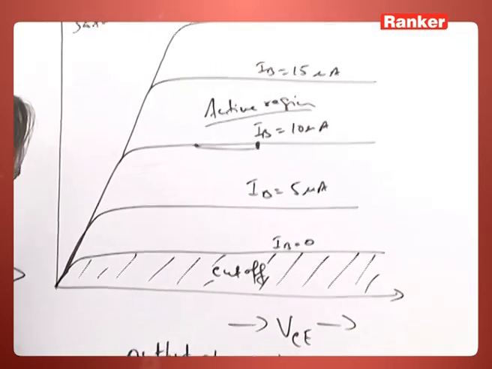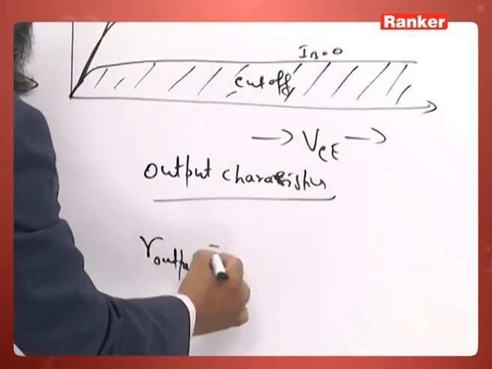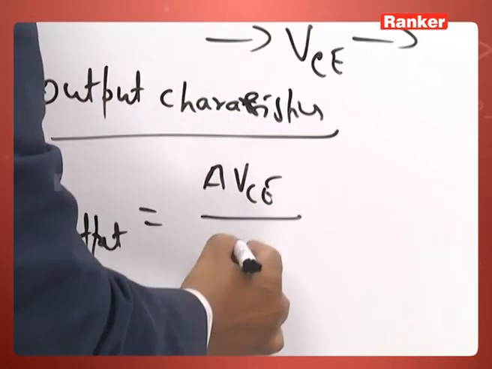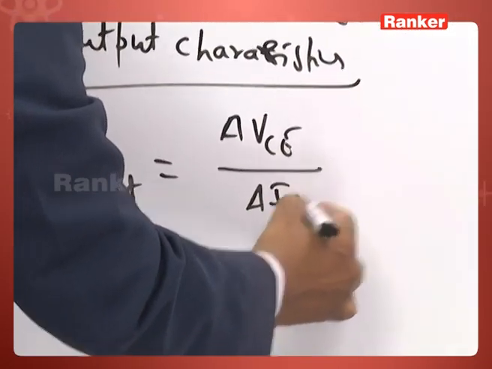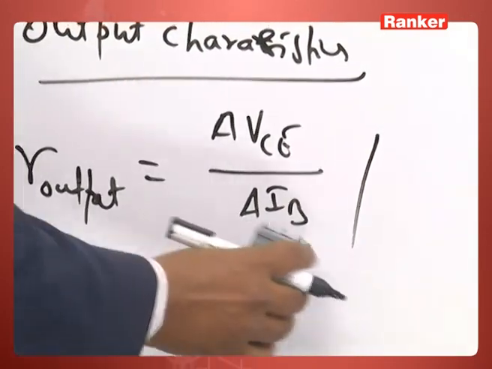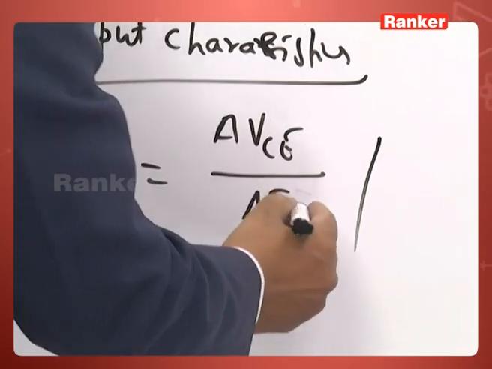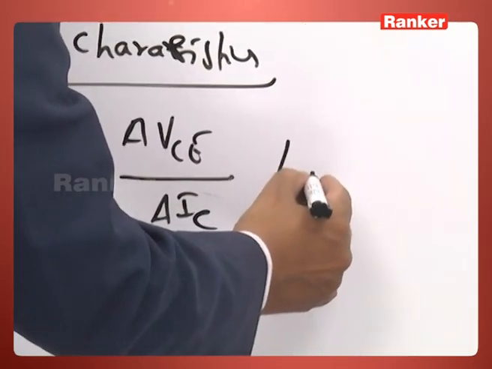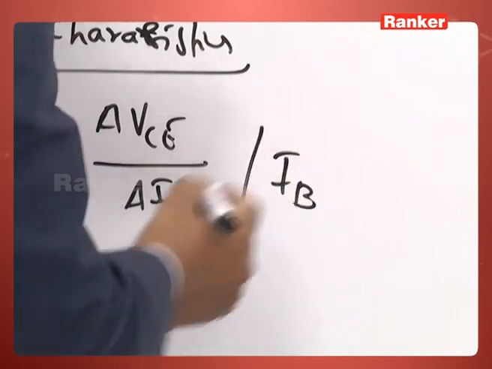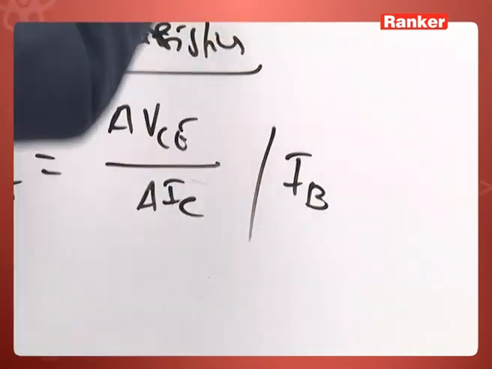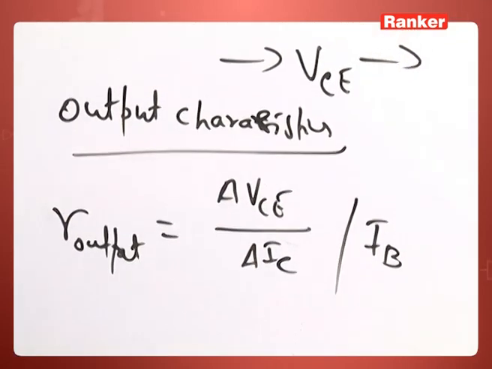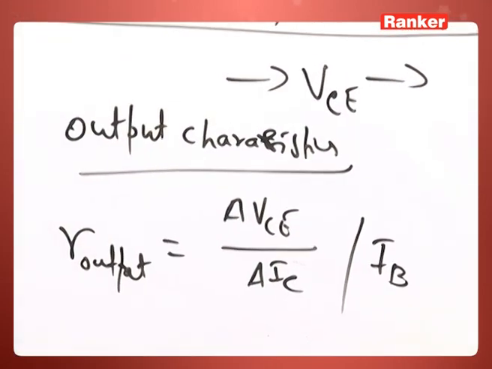So, R output is delta VCE by delta IC at constant IB. If I keep IB constant, then delta VCE by delta IC is the output resistance.